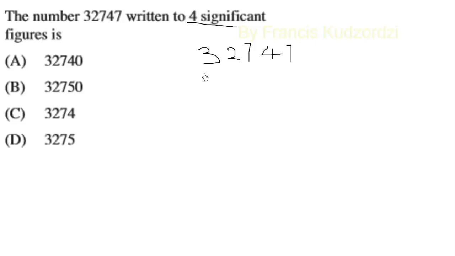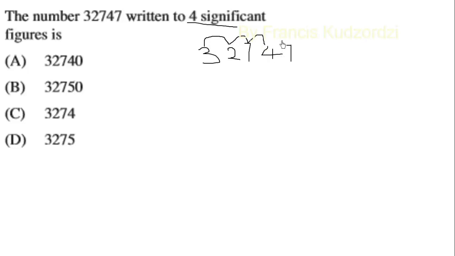So we start counting from the first significant digit, that is the first non-zero digit, which is 3. Then 1, 2, 3, 4.